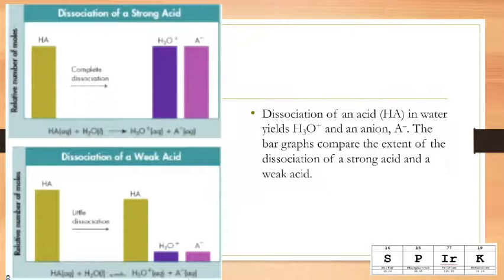In the top graph, we see that we have our acid, and we see complete dissociation. We see a bunch of hydronium ions as well as a bunch of anions. And then if we look at the weak acid, we see that we have our acid on the left, and it's going to dissociate a little bit. So we still have a lot of our acid, the green bar, and we have some hydronium ions and some acid anions.